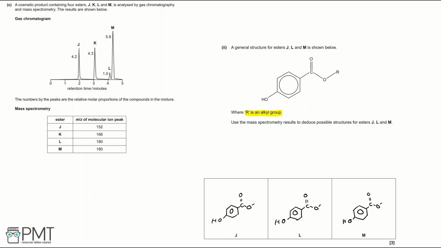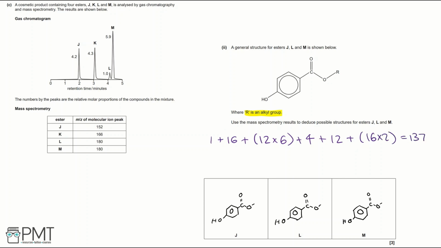So that's going to be 1 for our hydrogen, plus 16, so that's our OH, plus our ring of 6 carbons, so that's 12 times 6, plus 4 hydrogens, plus a carbon, and then plus 2 oxygens. And that equals 137.